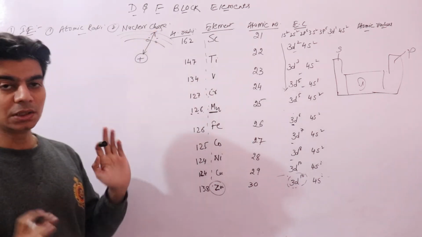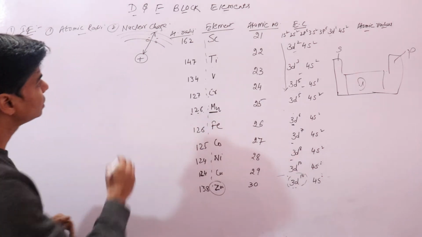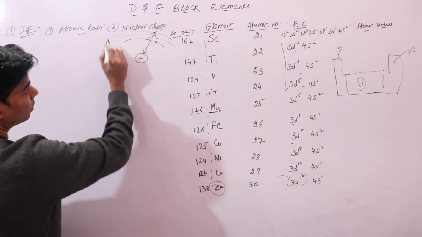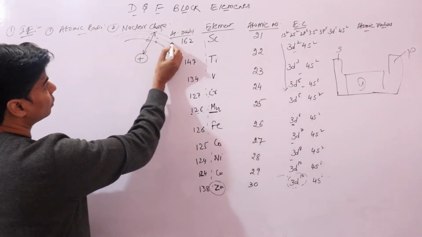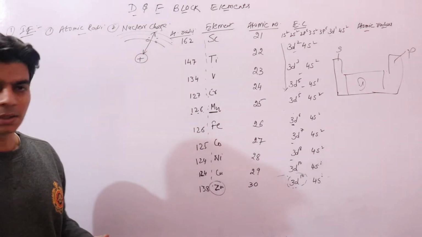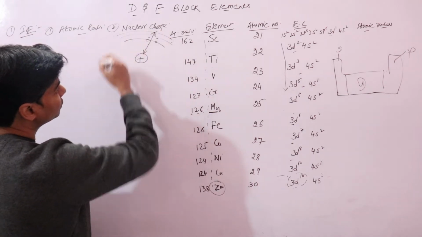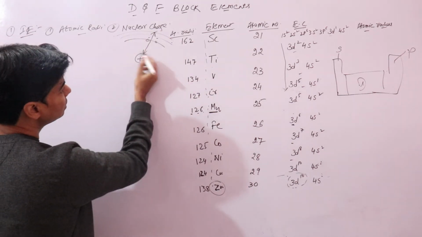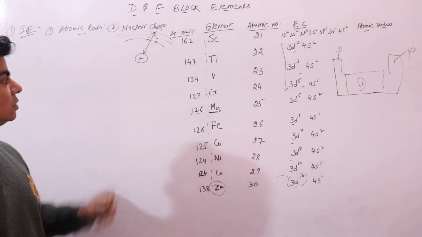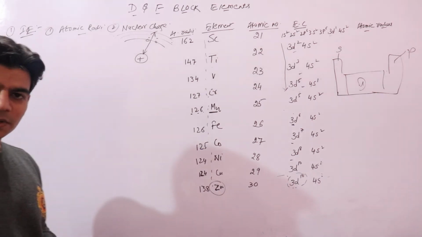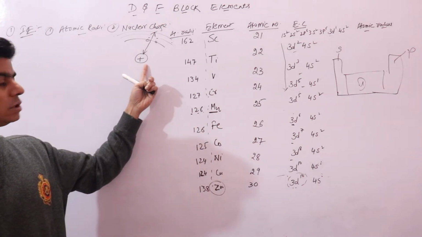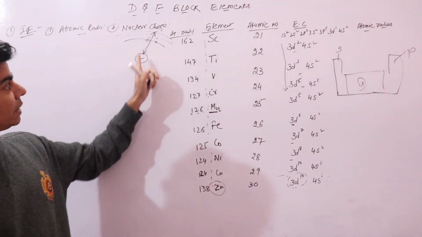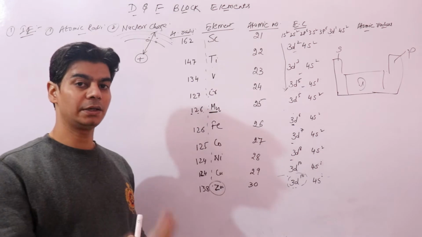And with increasing nuclear charge, the force of attraction on the outermost electron will increase. If we keep the number of shells the same and keep on increasing the nuclear charge, which is positively charged, and the electron is negatively charged, then the increasing positive charge will attract the outermost electron with greater and greater force.